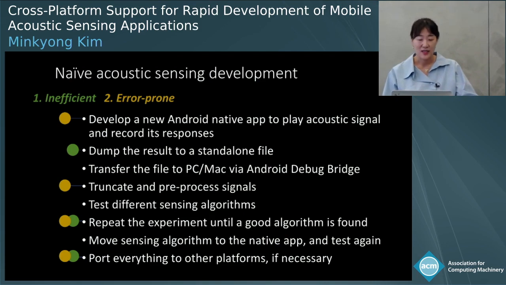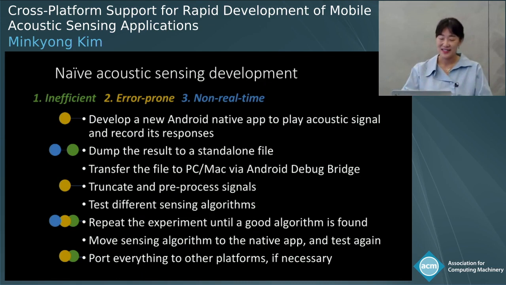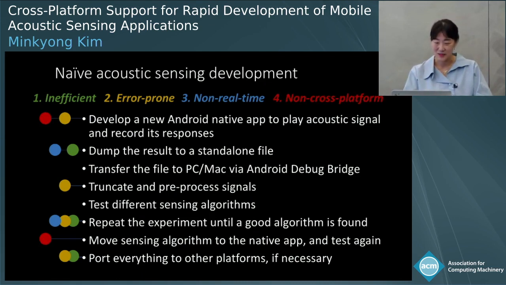People can make a lot of mistakes, especially when they try to develop for new platforms. And then it's definitely not in real time, right? When you make a sound and process it, you want to see the result right away in real time. However, in this kind of offline mode, you have to copy the file to the desktop, test it, and then go back to the mobile device itself, right?